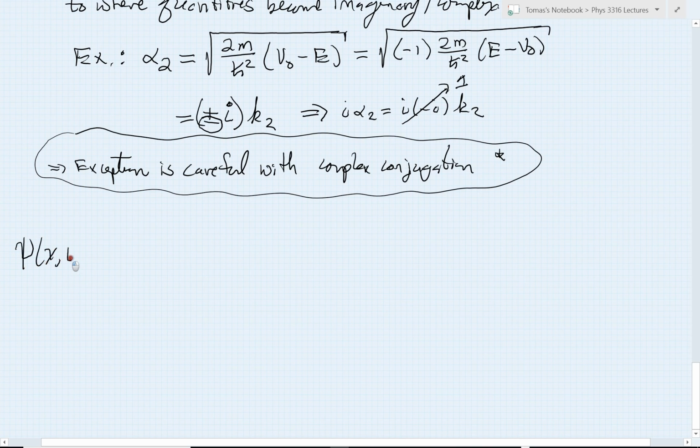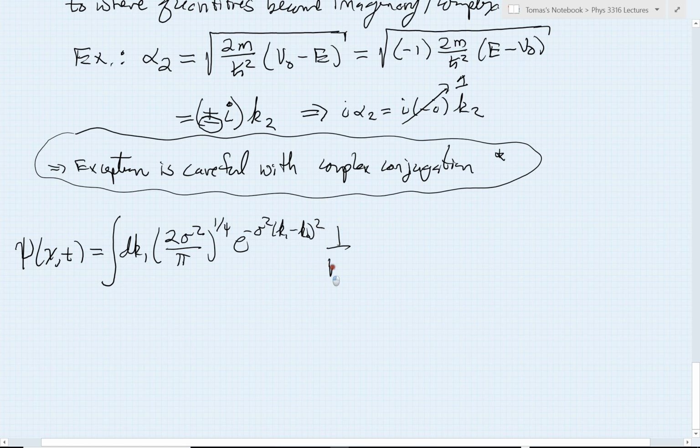I just write out the solution as I had it before, but now making this one key replacement. So, what did we have before? We had the integral dk1 with our weights, and notice there's no alpha 2 appearing in here, so everything is still exactly the same. E to the minus sigma squared times k1 minus k0 squared, 1 over square root of 2 pi, times e to the i k1 x, nothing different there. I'm just copying from memory what we had.